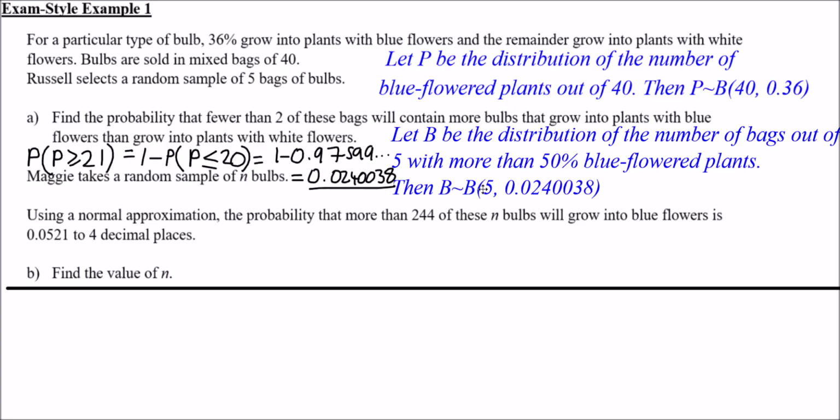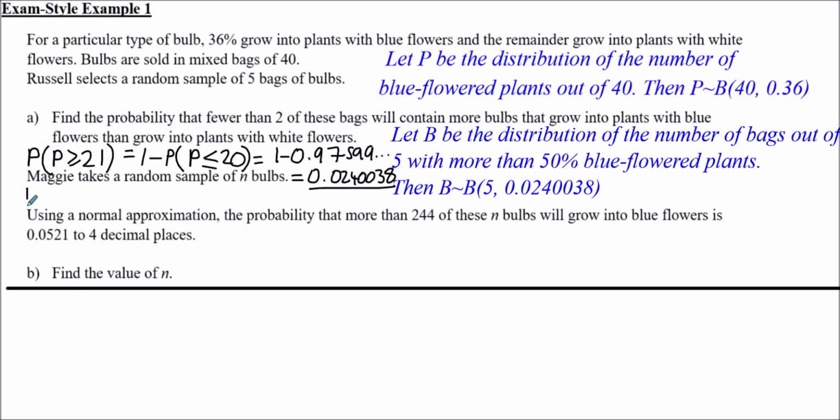So the number of bags will be binomially distributed, 5 bags in total. The chance of just one bag having more than half blue flowers is 0.0240038. I want the probability that fewer than 2 bags have more than half blue flowers.